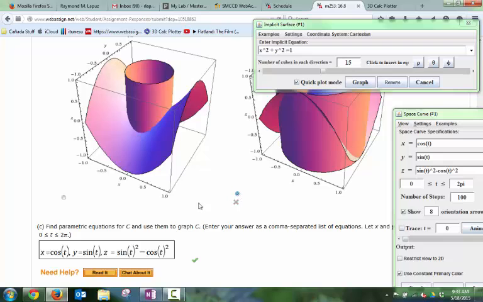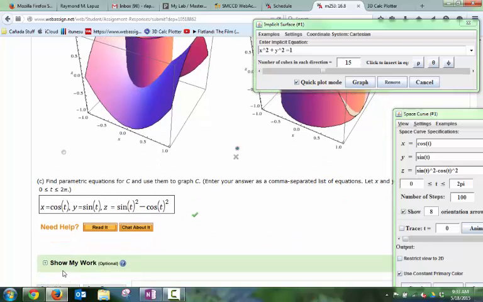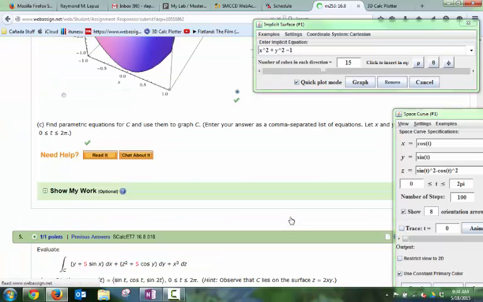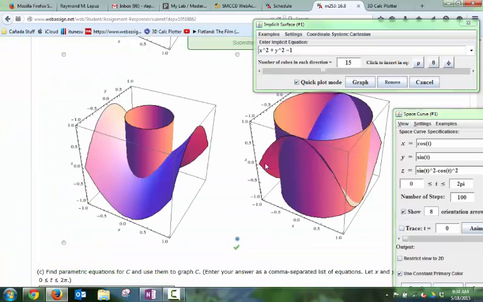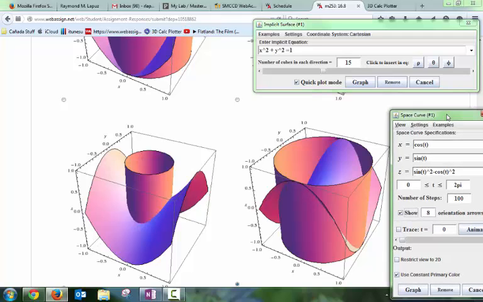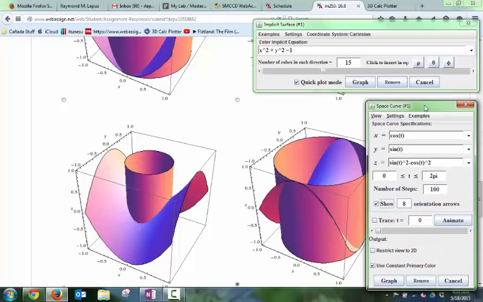Now, this is the right one, so we misclicked it. I think I chose the upper right hand one instead of this one. Okay, so that completes our look at one of the homework problems.